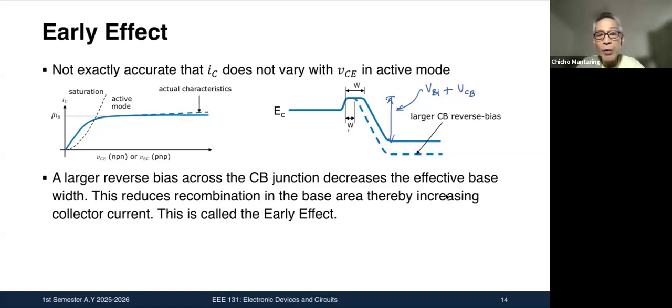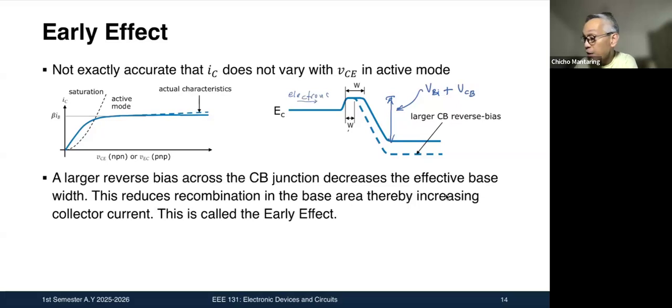What is your effective base width? The effective base width is the width of your base excluding the depletion regions. This is the area in your base where the charge carriers from your emitter recombine. If this is an NPN, you have electrons going this way.